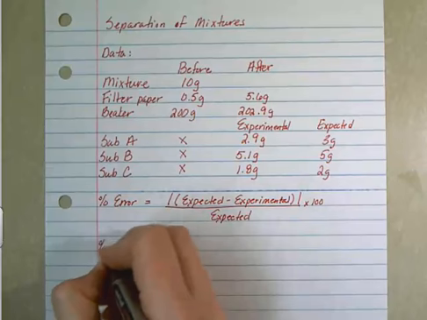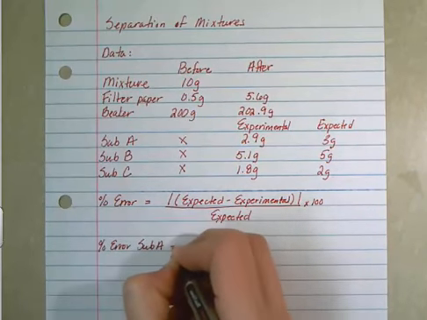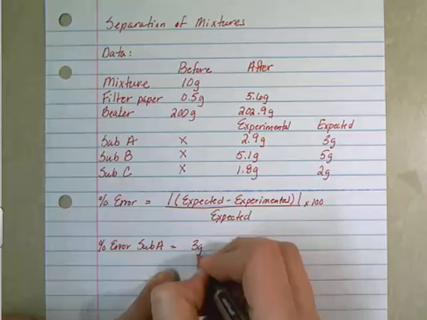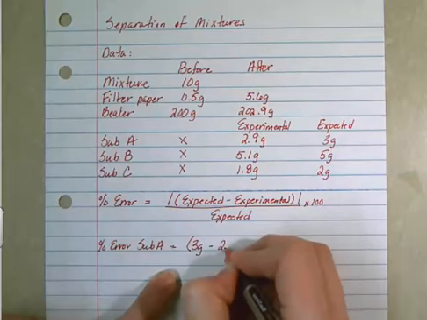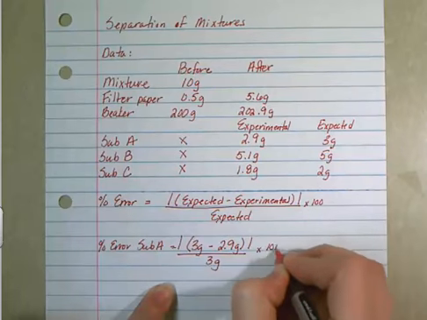So for our percent error for substance A, we expected to get 3 grams. We actually got 2.9 grams, over the expected. We'll multiply that by 100.